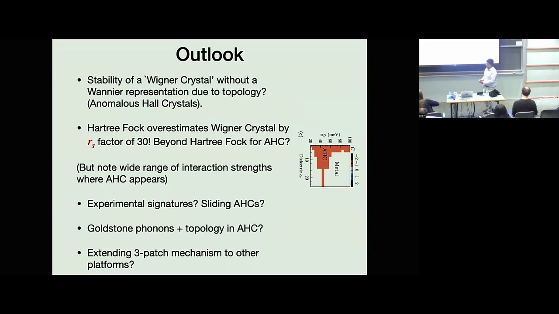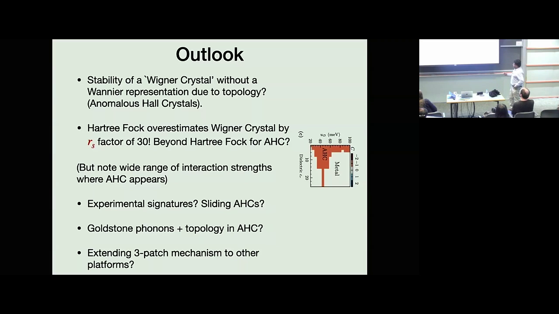We probably are. But one piece of good news is that this anomalous Hall crystal for certain parameters is stable over a very wide range of interactions. So if Hartree-Fock is overestimating the stability over here with weak interactions, and the actual anomalous Hall crystal range is reduced, there's still a big range where we can work.